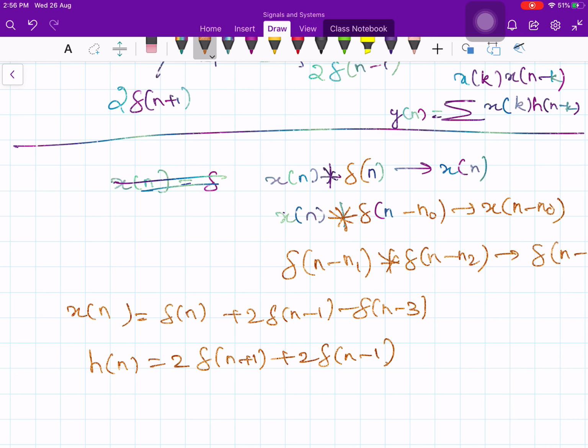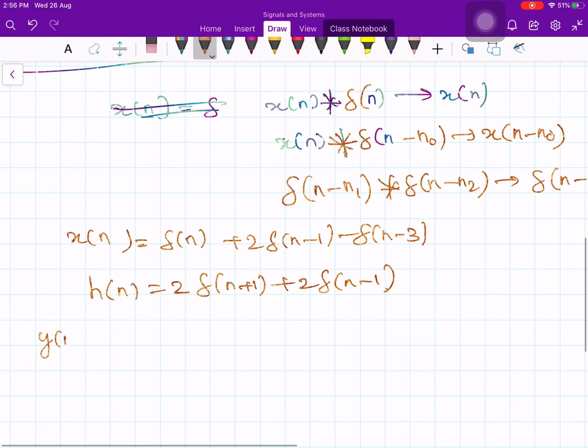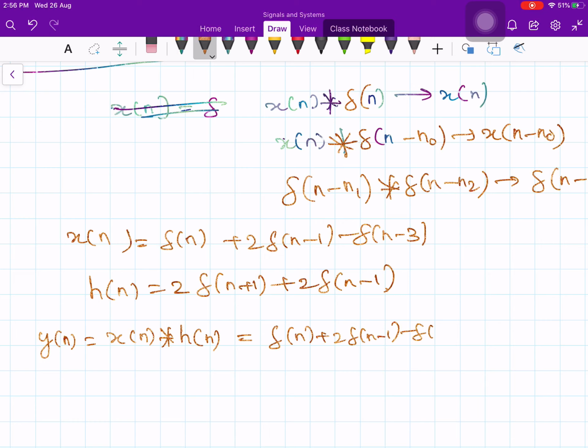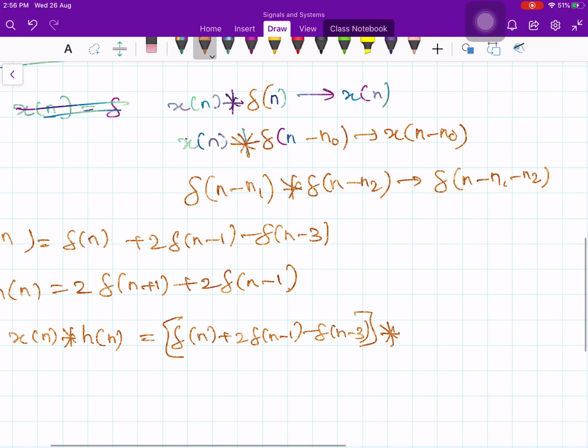Y of n is equal to x of n convolved with h of n. x of n is del of n plus 2 times del of n minus 1 minus del of n minus 3, convolved with 2 times del of n plus 1 plus 2 times del of n minus 1.